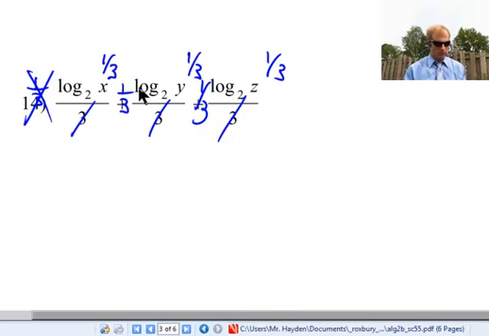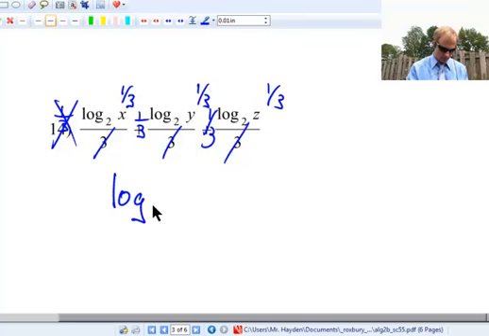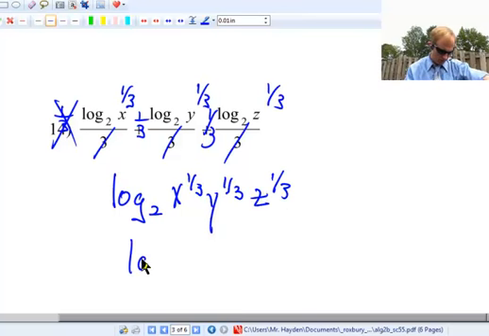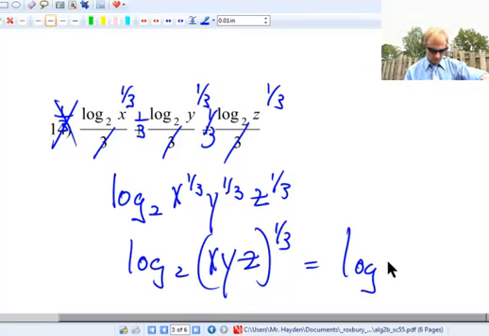That's a sum, so that's going to turn into a product. I'm going to do log base 2 of x to the 1/3 times y to the 1/3 times z to the 1/3, which is log base 2 of xyz to the 1/3 power, which is the same thing as log base 2 of the cube root of xyz.